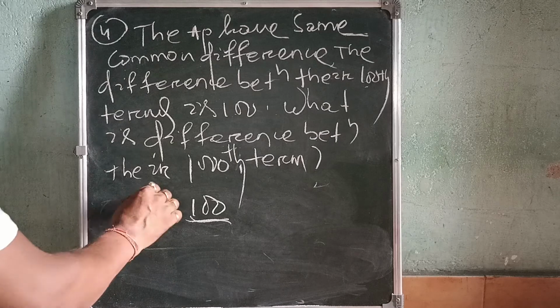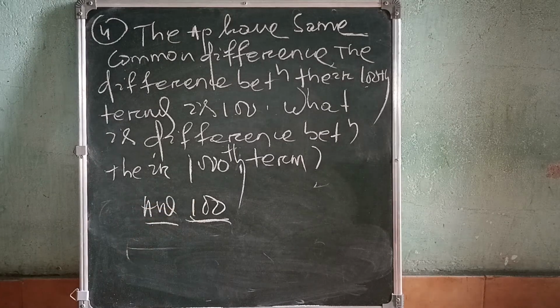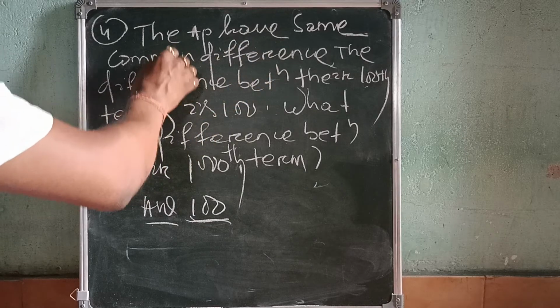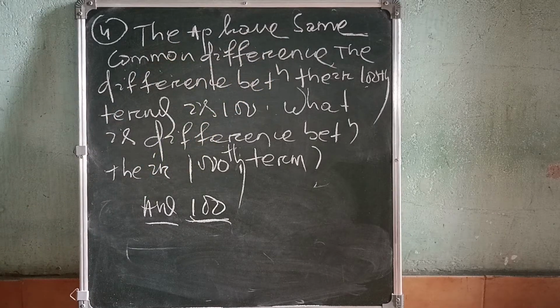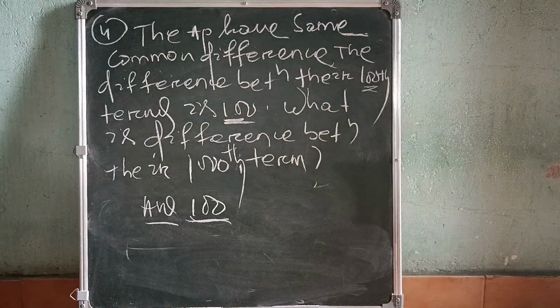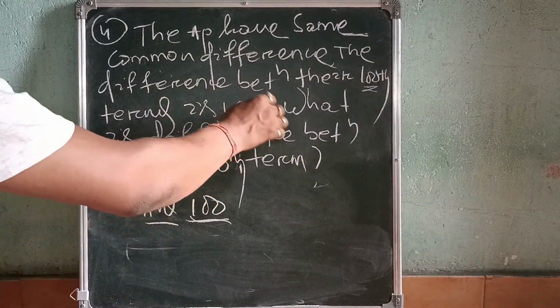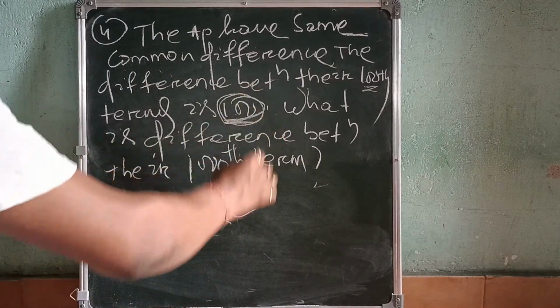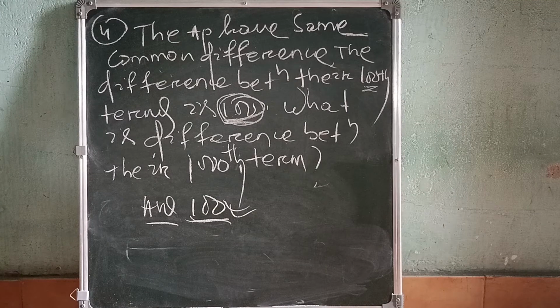Very simple. The trick is: when the common difference is equal, whatever the number of terms, the difference between the terms is the same as given, and that will be the answer.